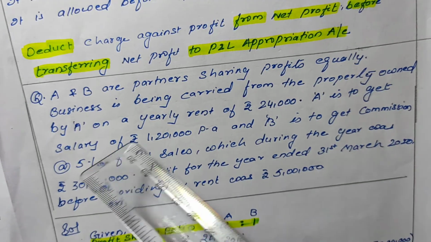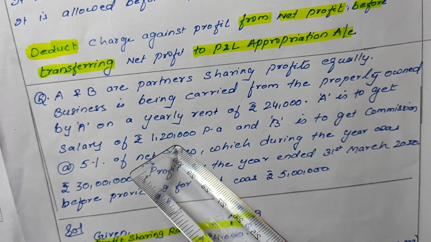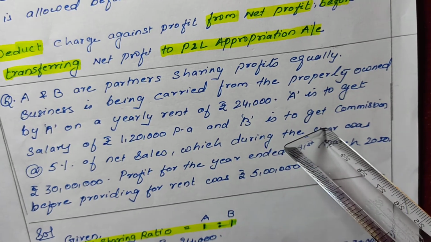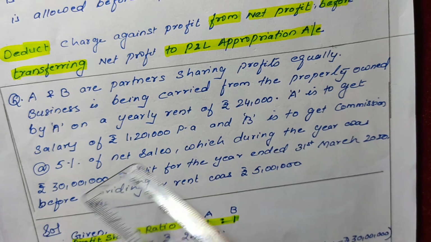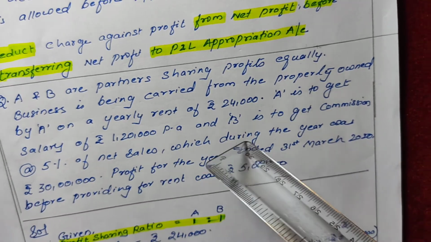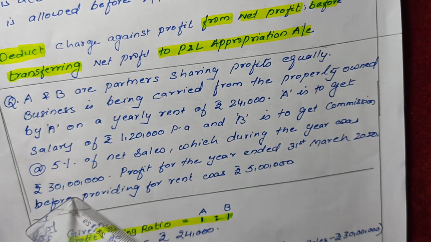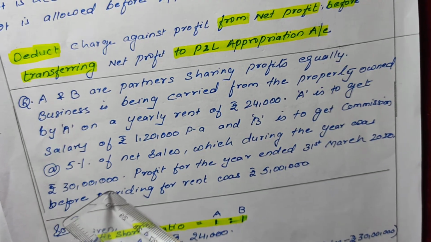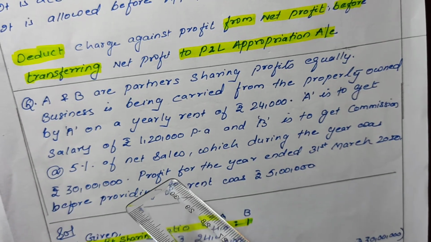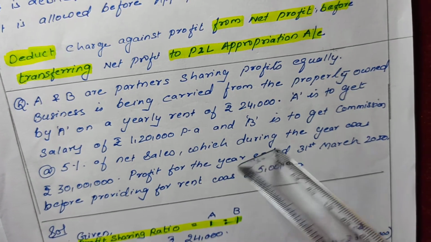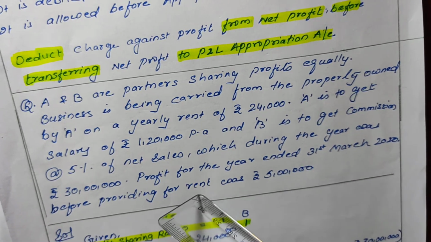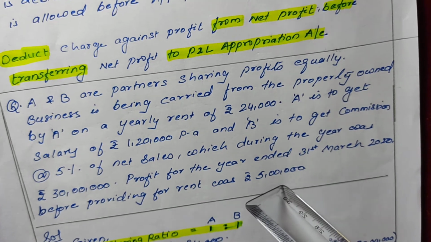A is to get a salary of rupees 1,20,000 per annum, and B is to get a commission of 5% of net sales, which during the year was rupees 30 lakh. So the 5% commission he will be getting on 30 lakh. Profit for the year ended 31st March 2020 before providing for rent was rupees 5 lakh.